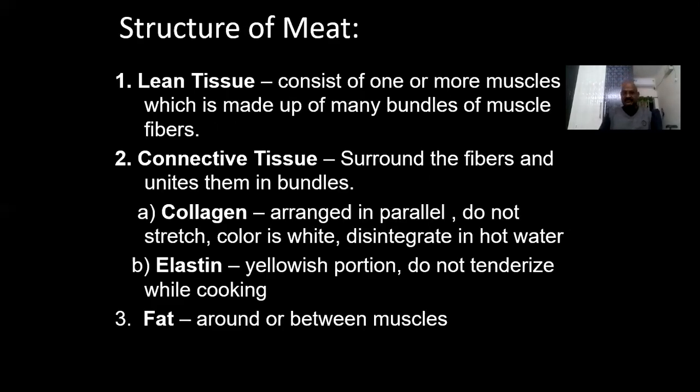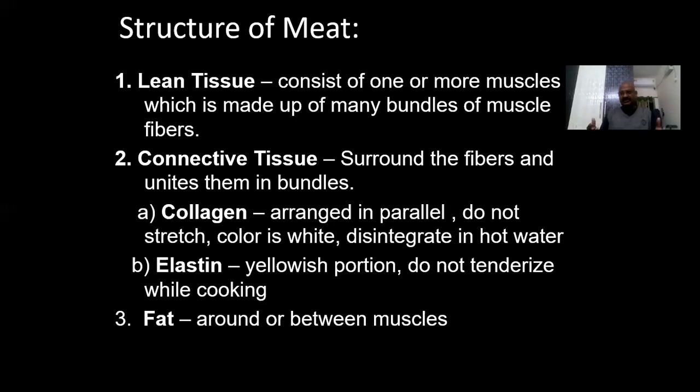Structure of meat, how the structure is in the meat. Lean tissue consists of one or more muscles, which are made up of many bundles of muscle fibers. Connective tissue surrounds the fiber and unites the bundle.